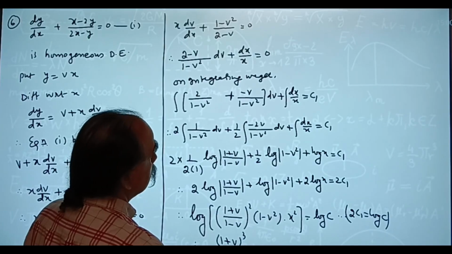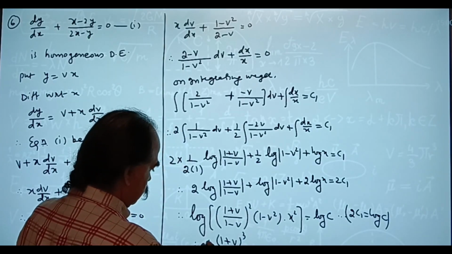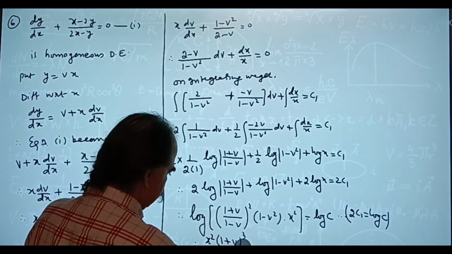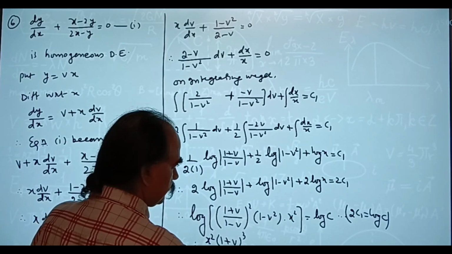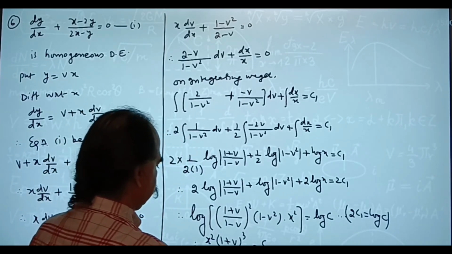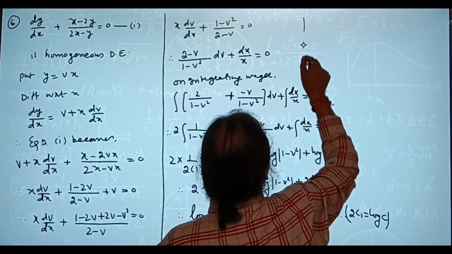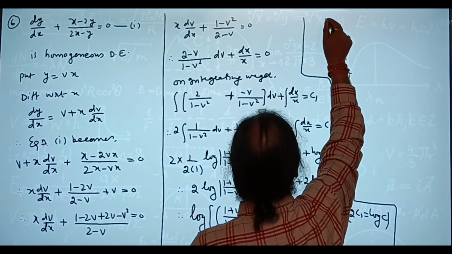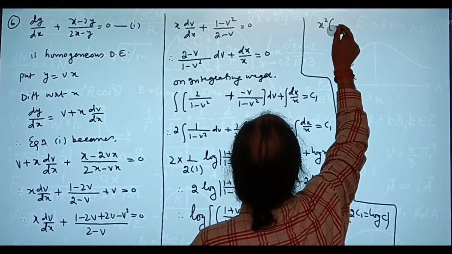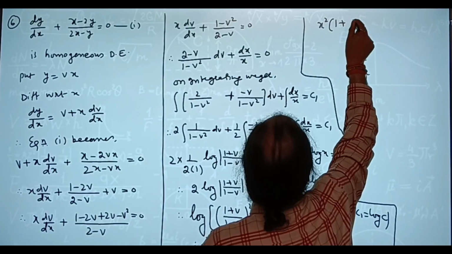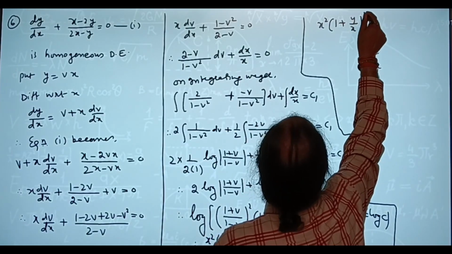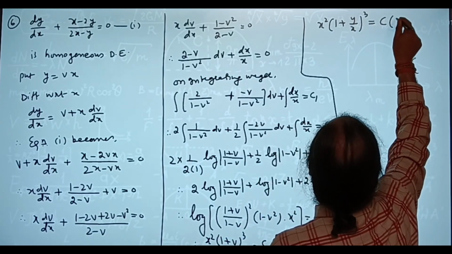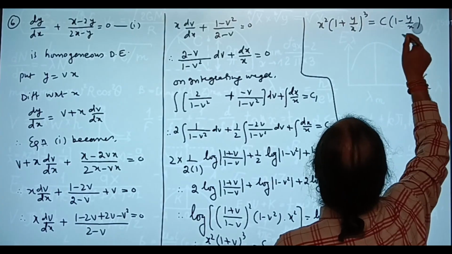Cube x square divided by 1 minus v is equal to c. 1 minus v cross multiply, so x square into 1 plus (y by x) cube is equal to c into 1 minus y by x.